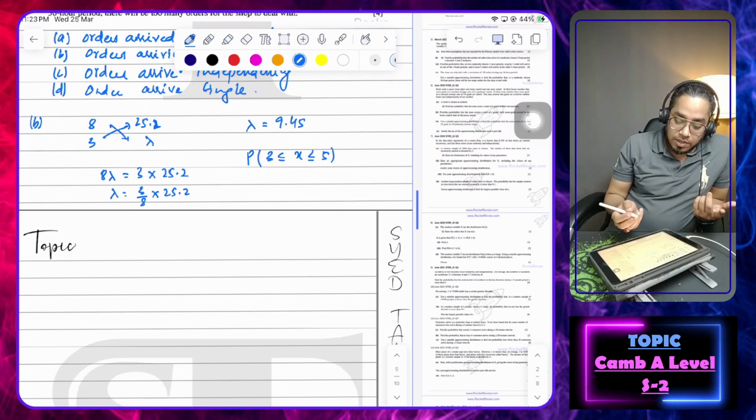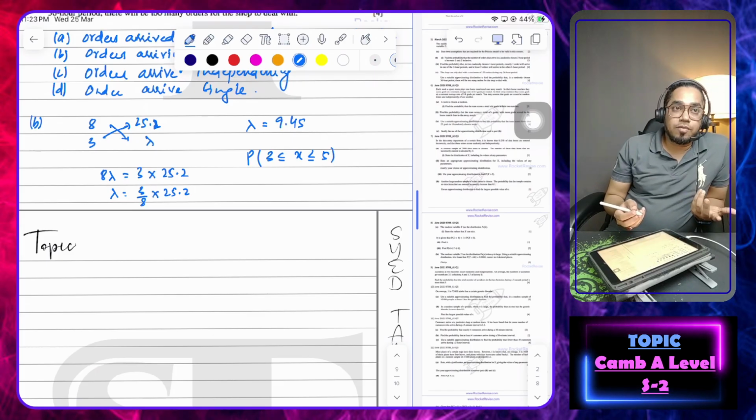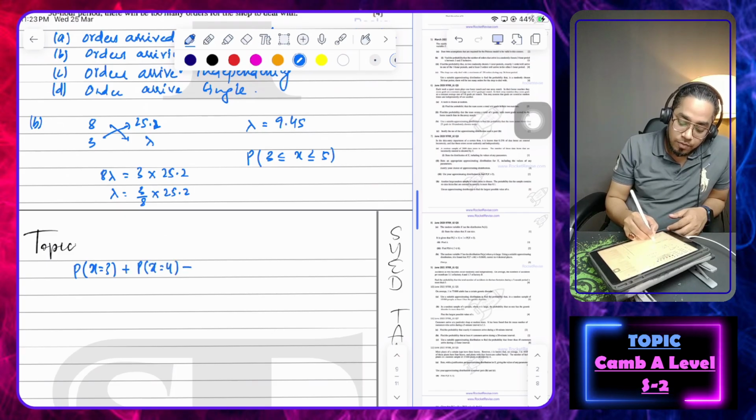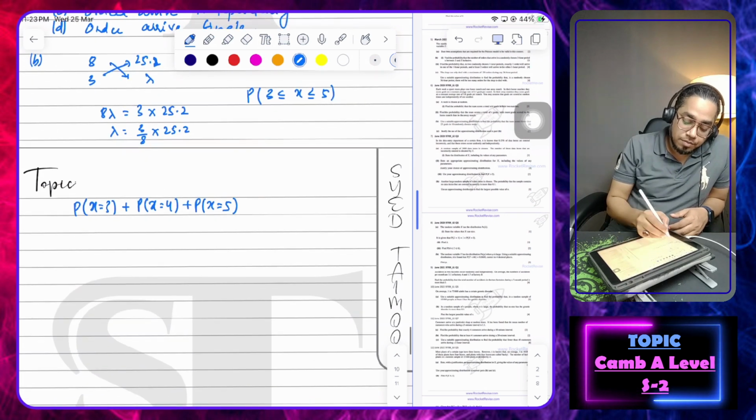It's quite easy: it means x equal to 3, x equal to 4 and x equal to 5.